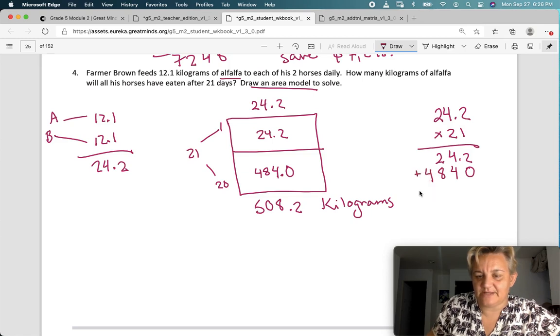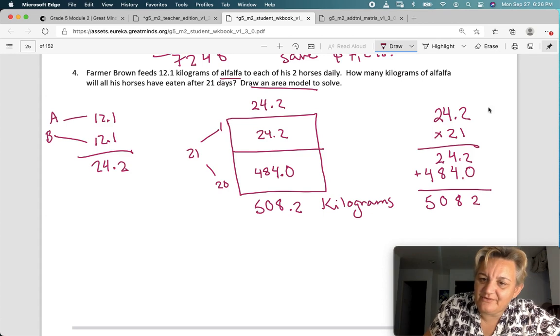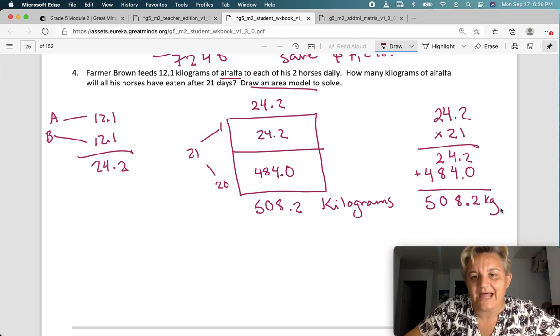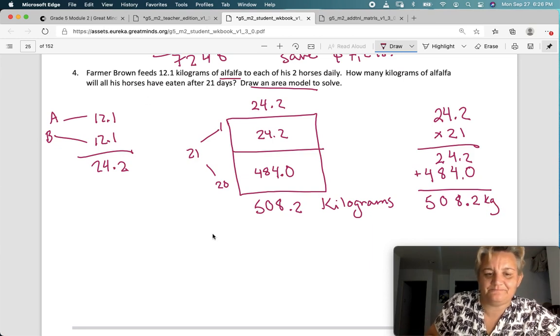Then add those together. I've got 2, 8, 10, carry the 1 is 5. And now I have to put this decimal back in here. In my answer, there's only one decimal, so I'm just going to put one decimal right there. And that worked.